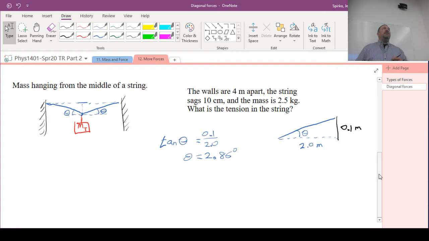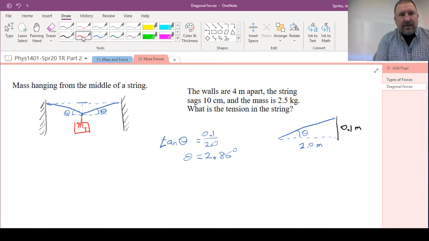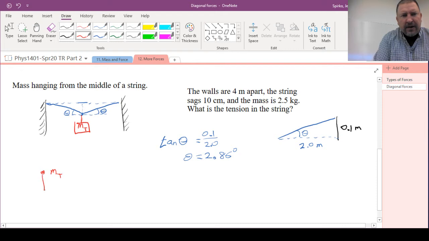So what object do I want to analyze? Bring in the mass and the block. If I analyze M total, I'm going to find there's an FG and an FT, and this is the red string.